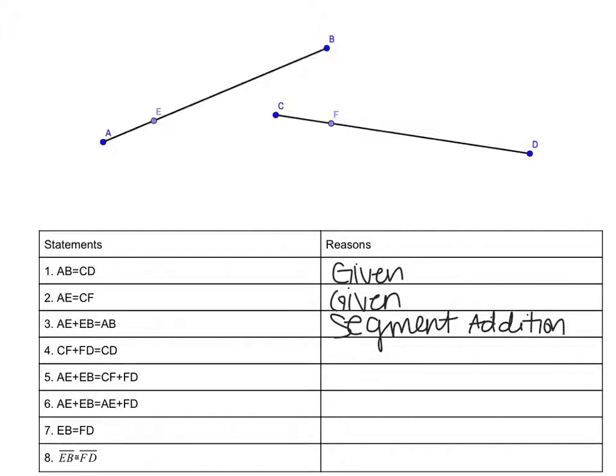And our next statement says CF plus FD equals CD. If we look at our second segment, F is between C and D, so that statement also comes from segment addition.